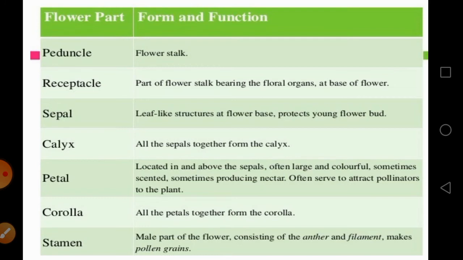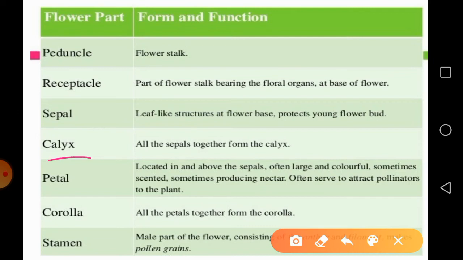Then sepals are the leaf-like structures, the outermost part of your flower, which do the protection of the young buds. Another one is the calyx. Calyx means all sepals together.